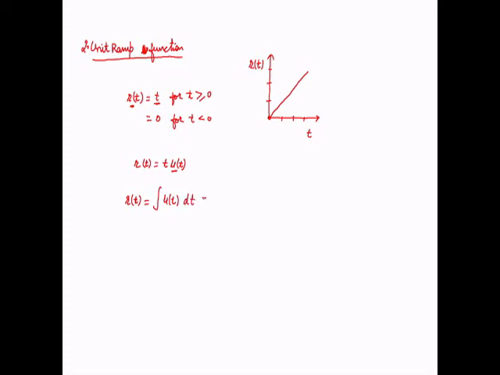The integration of u(t), as you know, is represented by this, and it is t in the interval t is greater than 0. In other words, we can write that u(t) is equal to the derivative of r with respect to time, or we can say the time derivative of r.